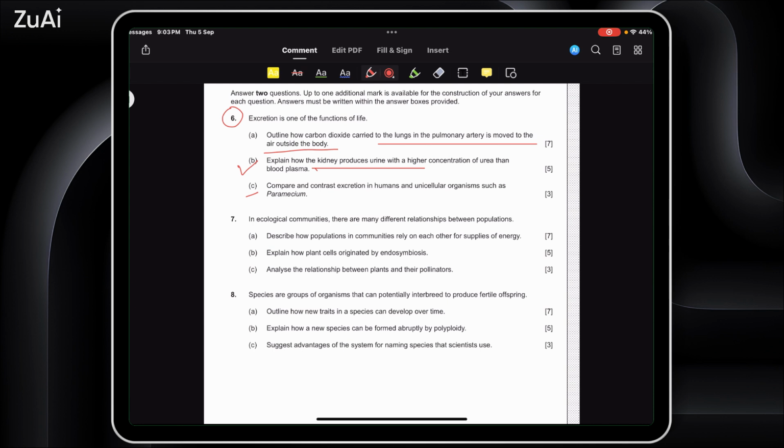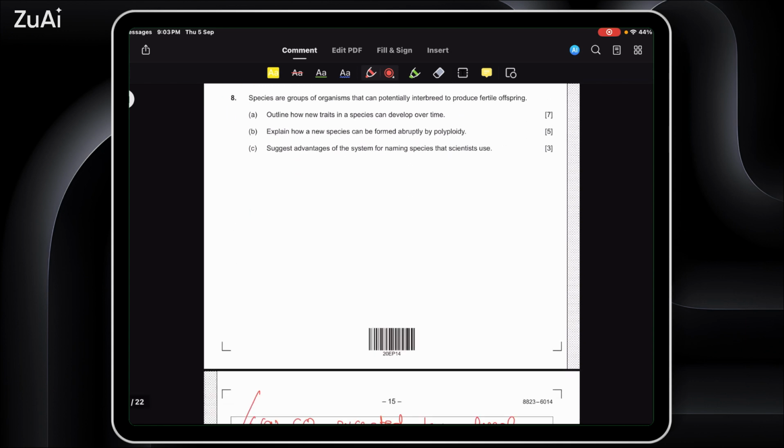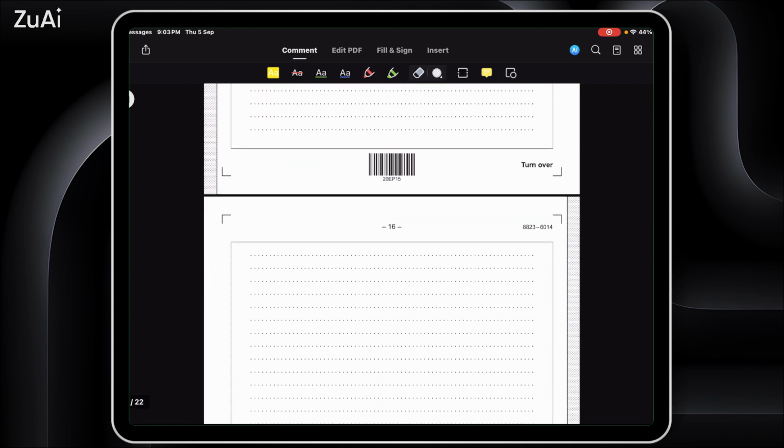Compare and contrast excretion in humans and unicellular organisms such as paramecium. Both produce carbon dioxide. That's the similarity.